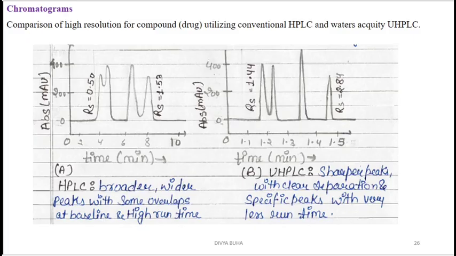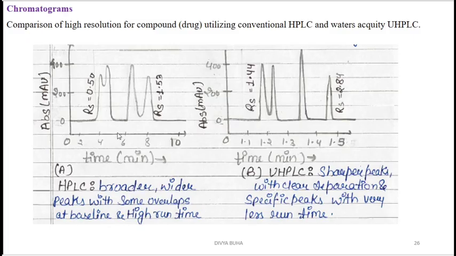Okay, so this is the chromatogram for the analysis of a drug compound which is being done using conventional HPLC, and this is for the Waters UHPLC analysis, right? So in this you can see that the peaks are quite broader as compared to the peaks given in this chromatogram, right? The width of the peak is more in this chromatogram as compared to this.